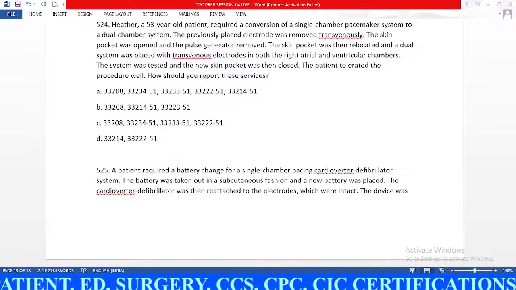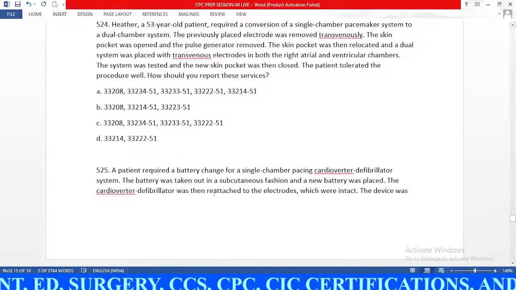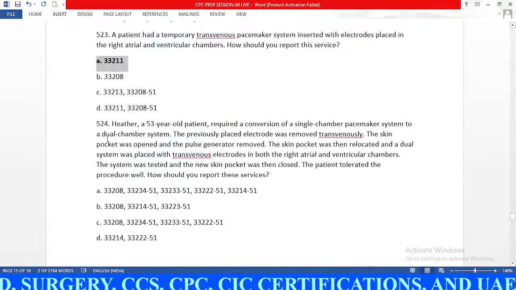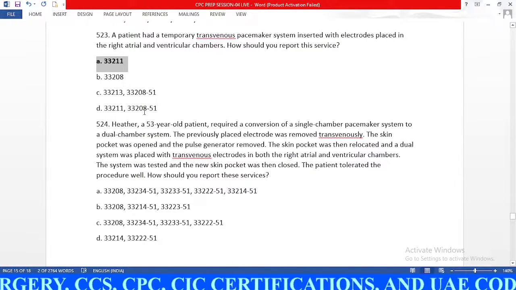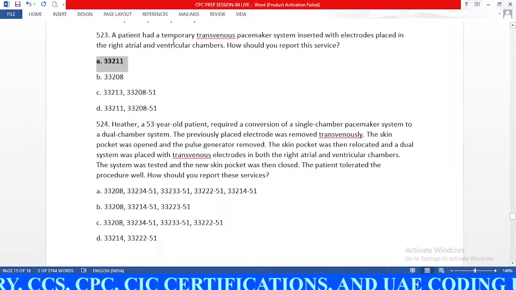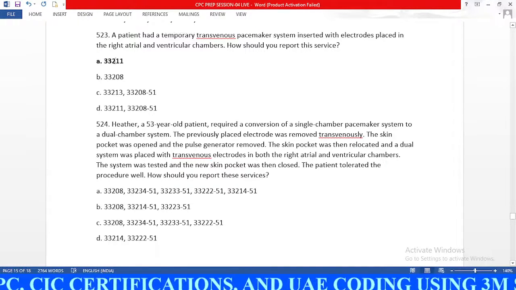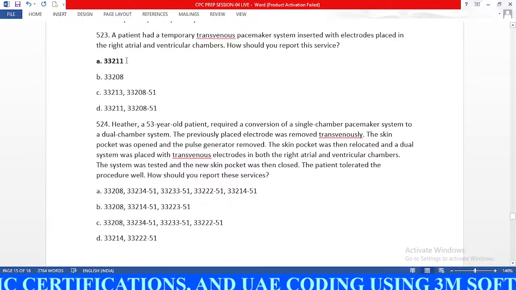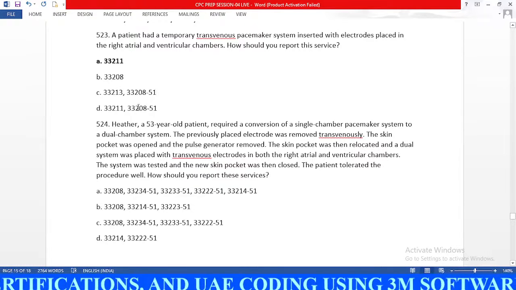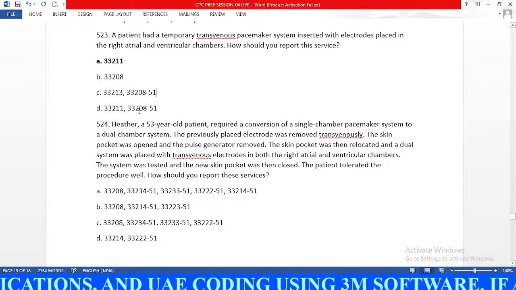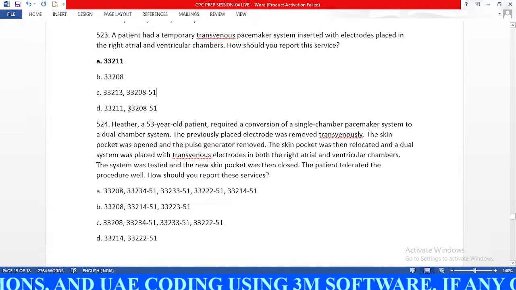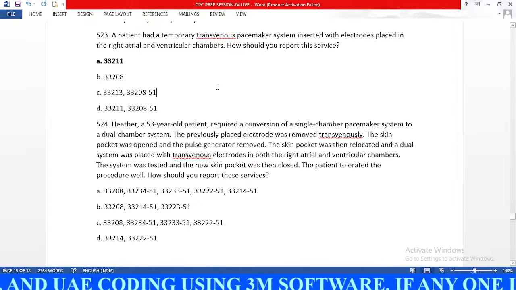D is, so basically in D we have temporary as well as the permanent pacemaker. But in our question we have temporary only. So we need to check 33211, which is temporary pacemaker insertion. We don't have a permanent pacemaker inserted in our procedure.